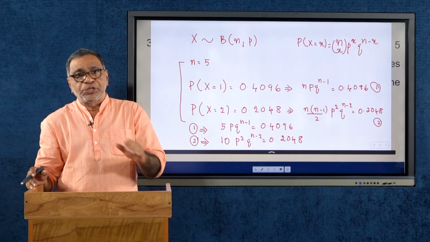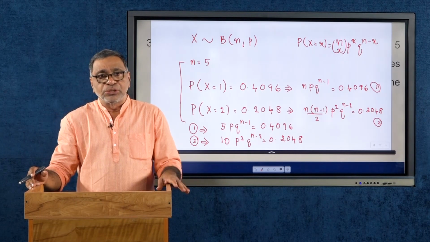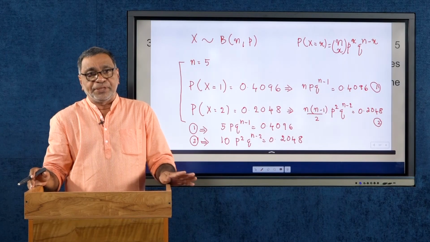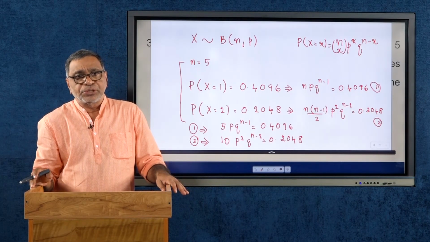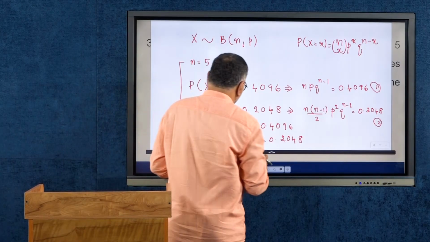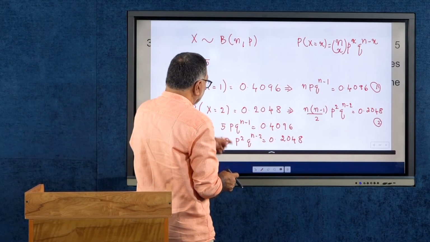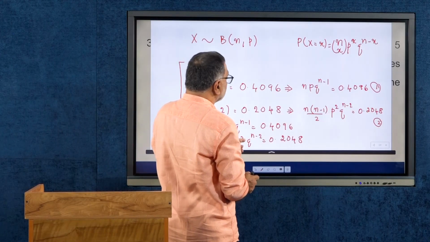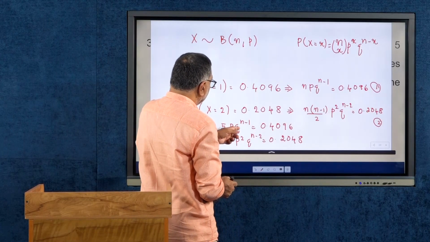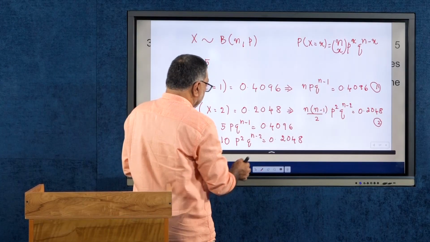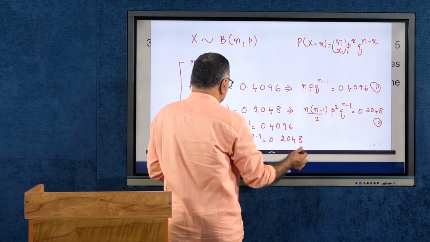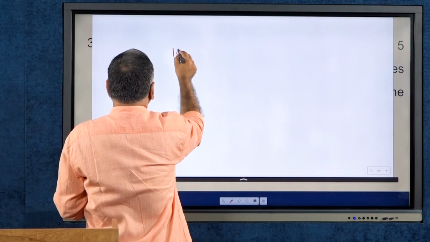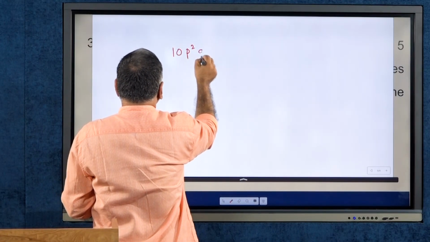And solving these two equations, you will get the value of the parameter p. And how do you solve these equations? Consider the left hand side, 10 p square q power n minus 2 divided by 5 p q power n minus 1.